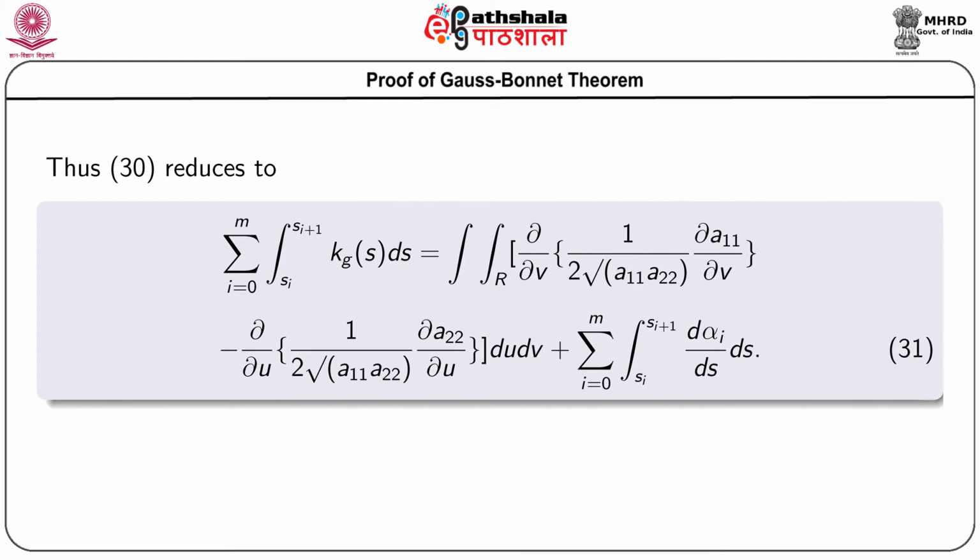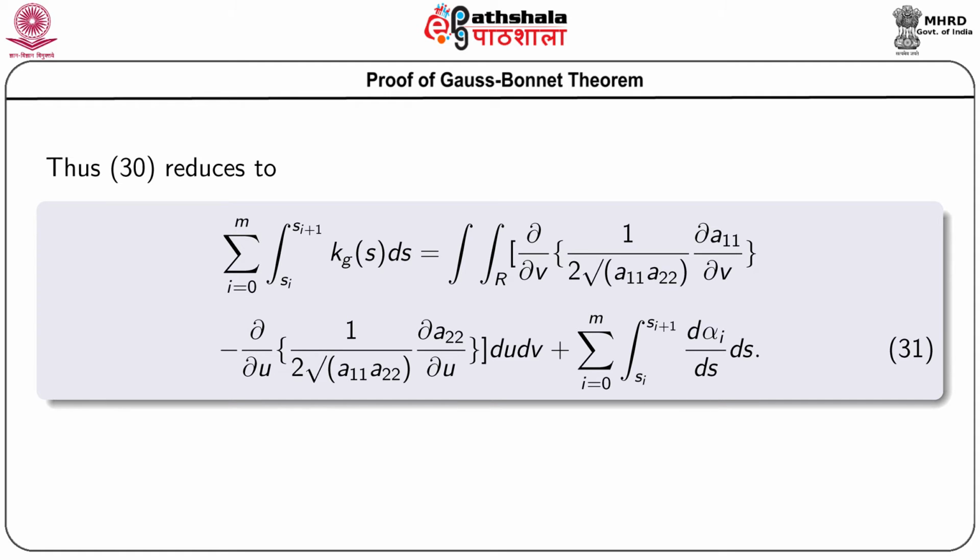So, by this relation, equation number 30 reduces to this expression: summation i equal to 0 to m, integration s_i to s_i plus 1, kappa_g(s) ds is coming to this one.